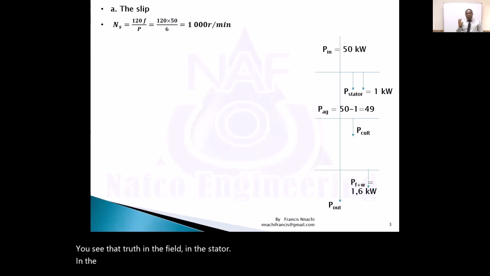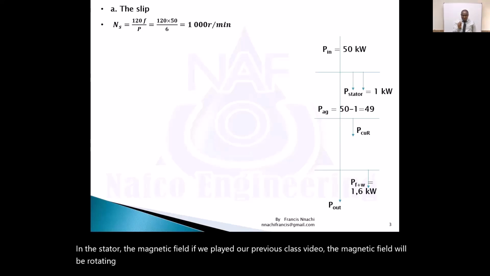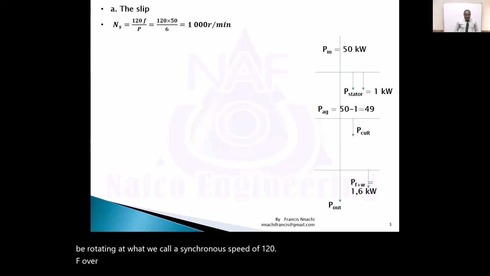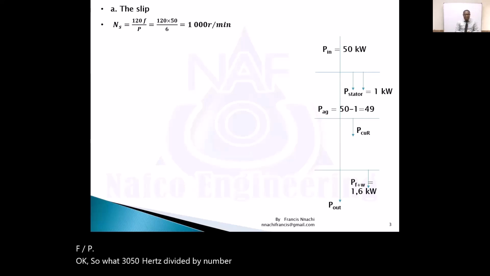If you played our previous class video, the magnetic field will be rotating at what we call a synchronous speed of 120 f over P. So 120 times 50 Hertz divided by the number of poles is 1,000 RPM.